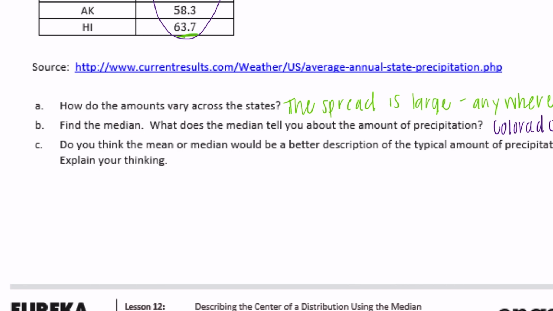So, I mean, it's up to you. I think the median gives a better description, but let's see.